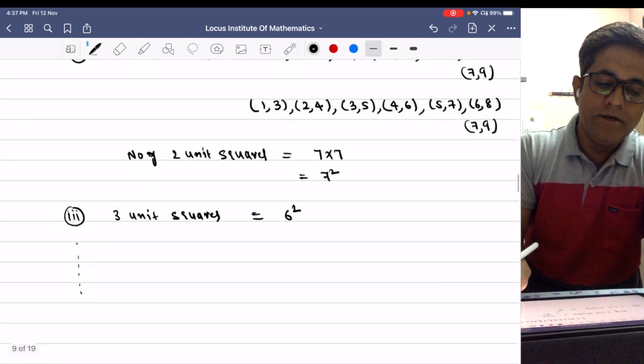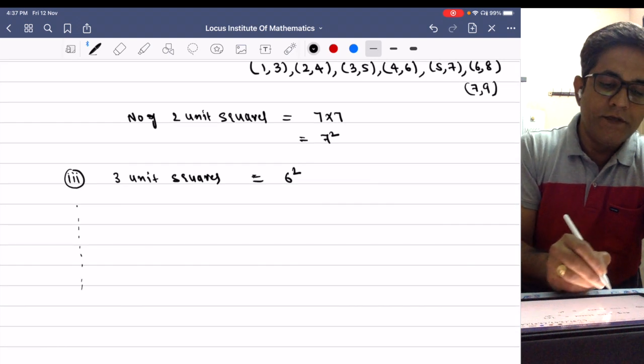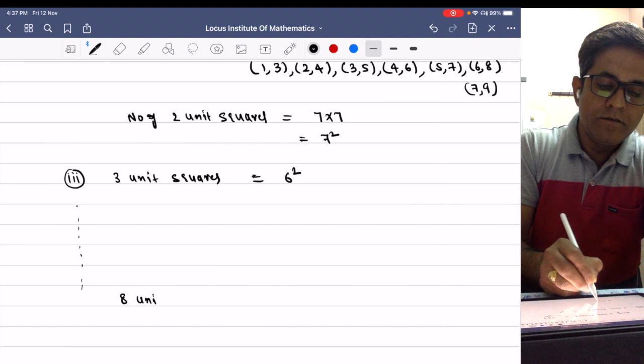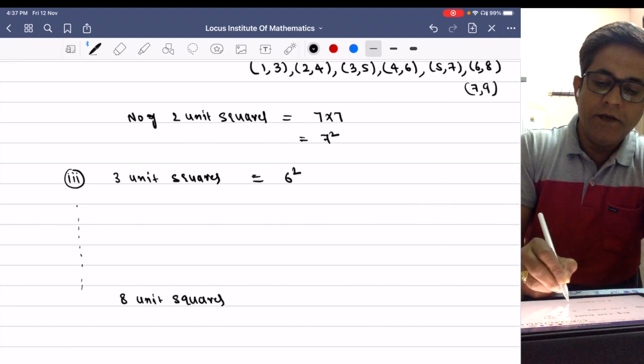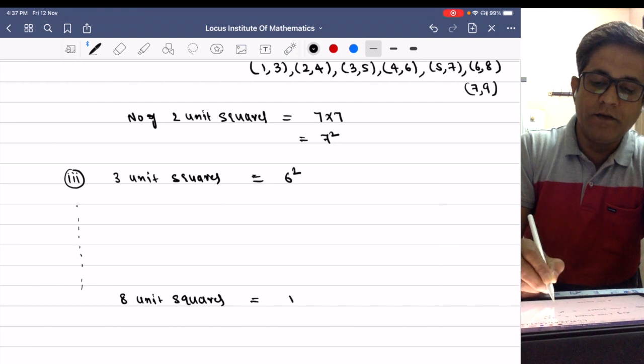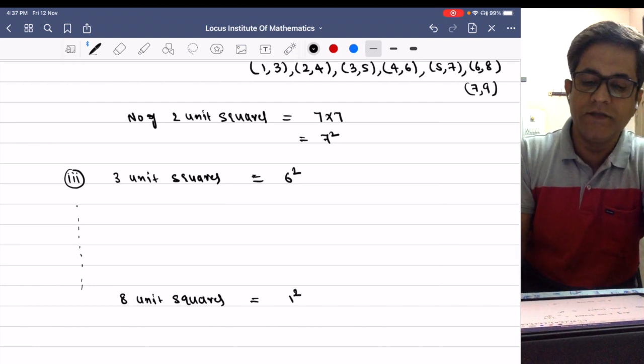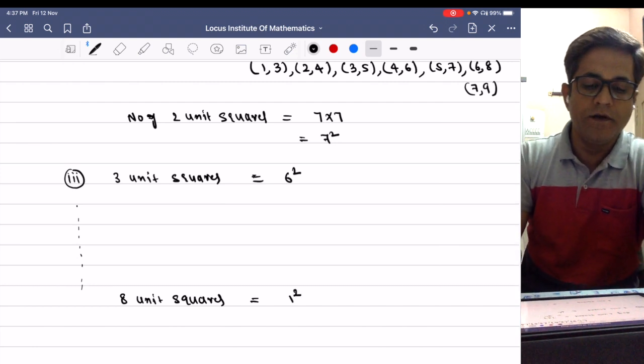etc. The last one is 8 unit squares. 8 unit squares is only 1. That is the chessboard itself. That is 1 square, that is equal to 1.